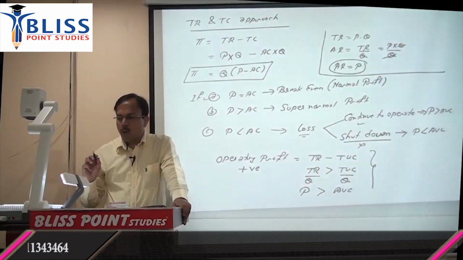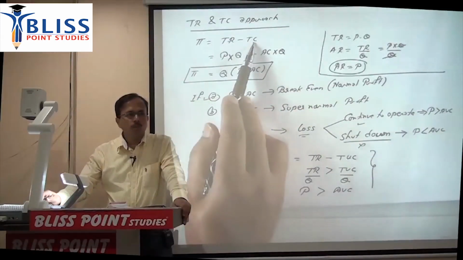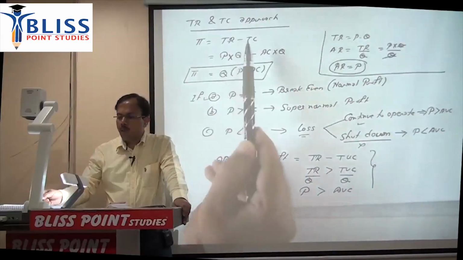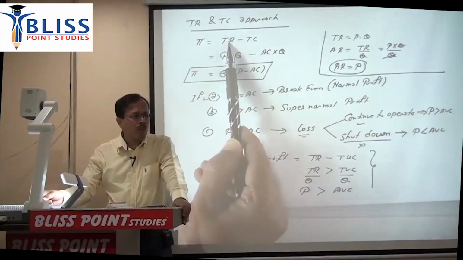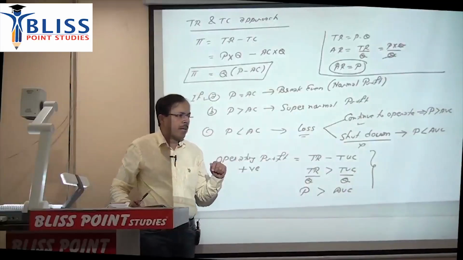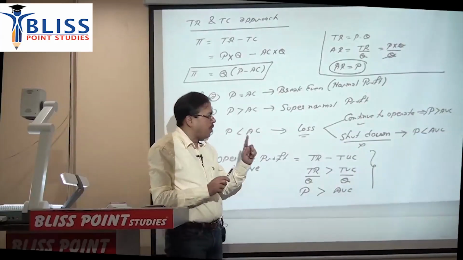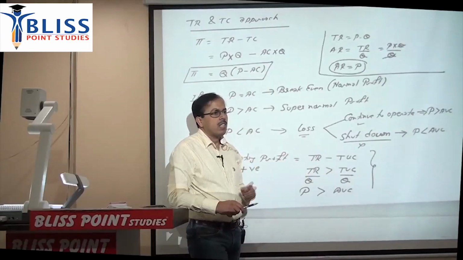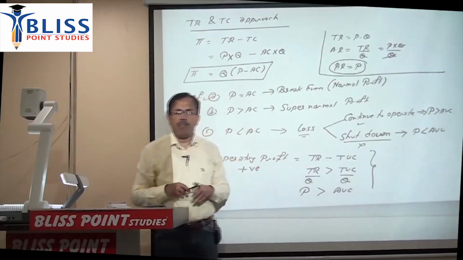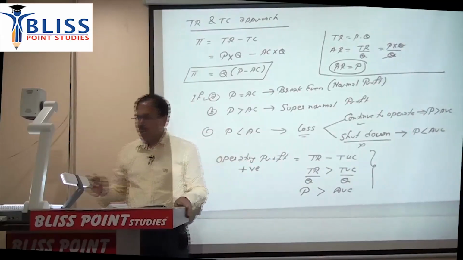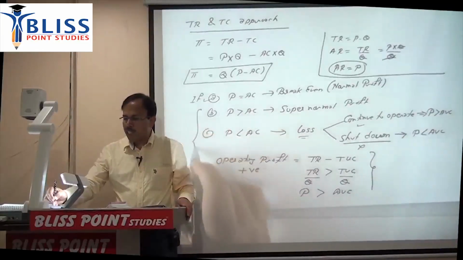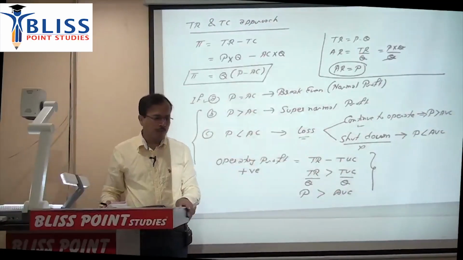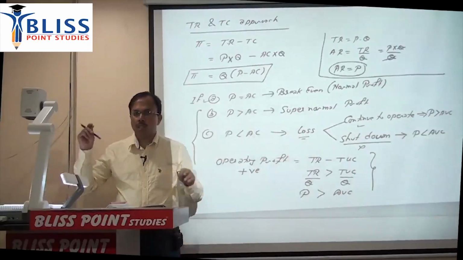For normal profit TR must be equal to TC, and if there is loss, loss will be there if total cost is greater than total revenue. But within loss, when firm will operate? Within loss, firm will operate so long as TR is greater than TVC. TR greater than TVC होने पे firm will continue to operate. अब ये argument apply कैसे करना है और क्वेश्चन में क्या गिवन है, बिफोर दैट एक पैराग्राफ ऐड करना है उसमें. इसे टेक्निकल नोट नंबर 2 में लिख दीजिएगा.